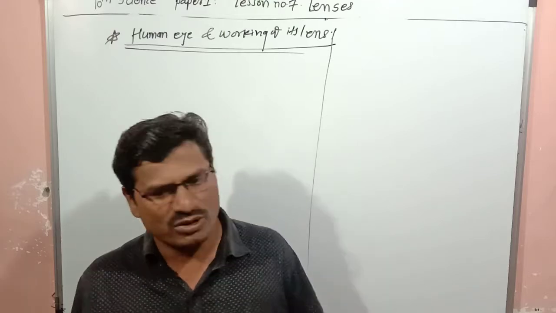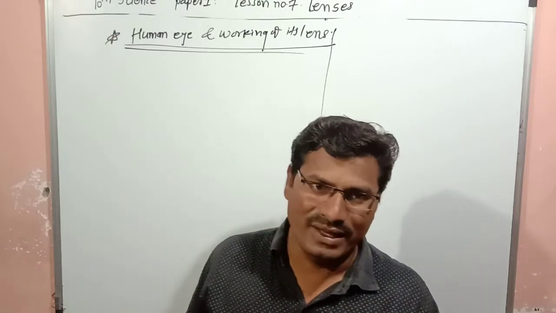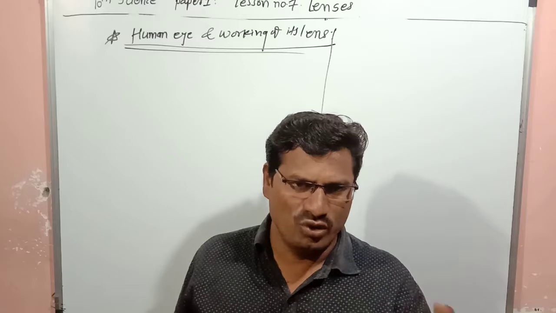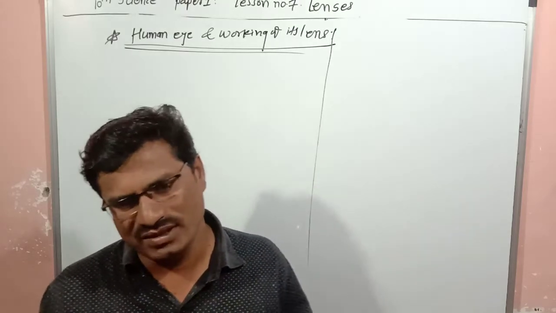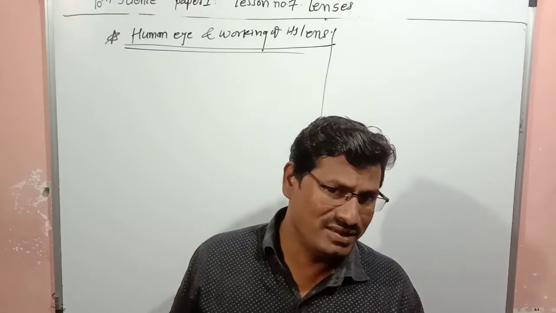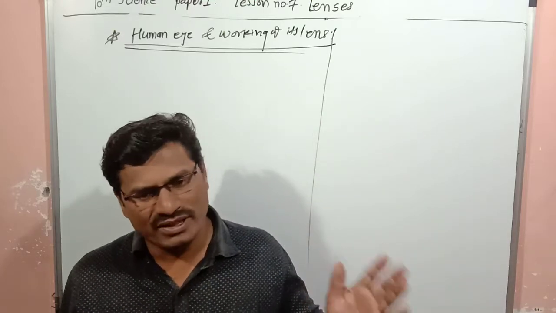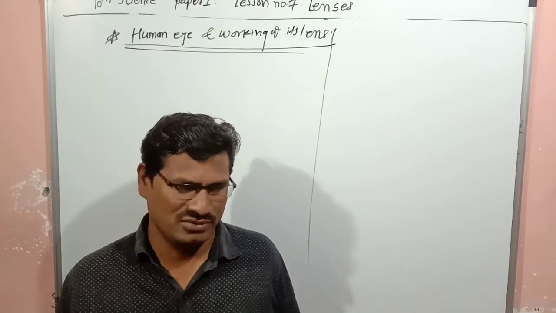Now the fourth part is the lens. The human eye has a double convex lens. It is transparent, crystalline, and present behind the pupil.